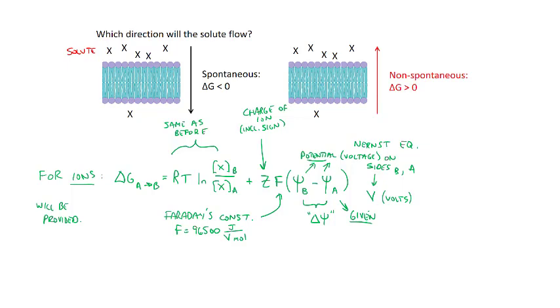So you will have to do problems like this. Notice that if the charge on your ion is 0, in other words you do not have an ion because there's no electrical charge, the whole second term goes away and you're left with the same equation that we saw earlier for the free energy of transit of an uncharged molecule from side A to side B.